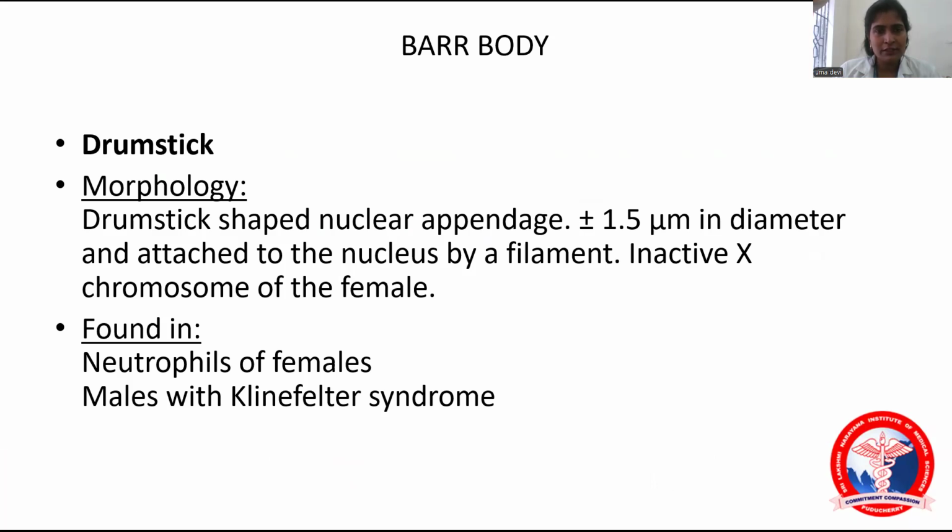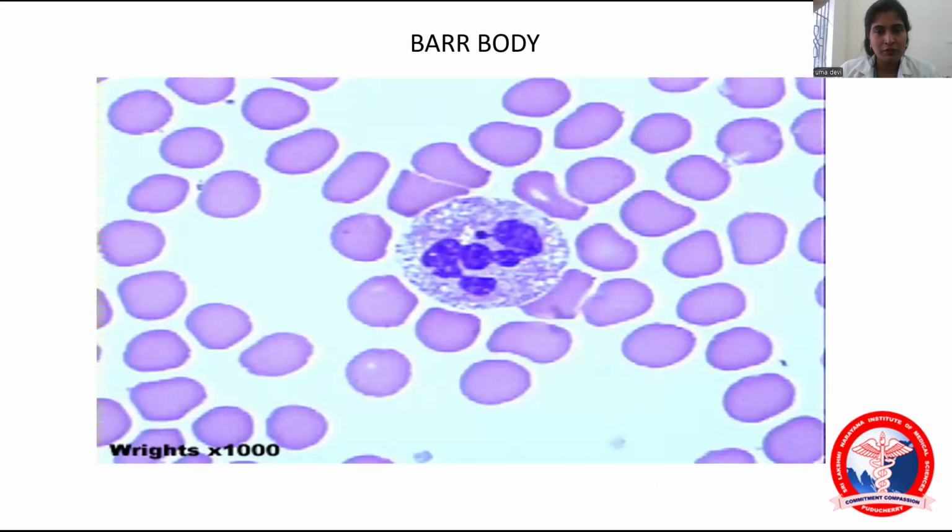Next, what we call the Barr body or drumstick body. First, I'll show you the morphology. See here, neutrophil, you are identifying the segments, the lobes here. This one also looks almost like a lobe, very small, right? So this is somewhat tag-like, like a tag is attached.